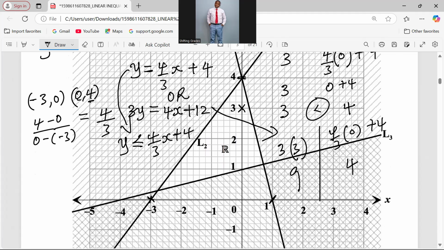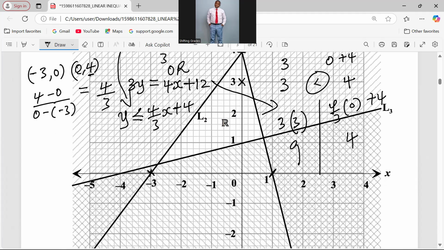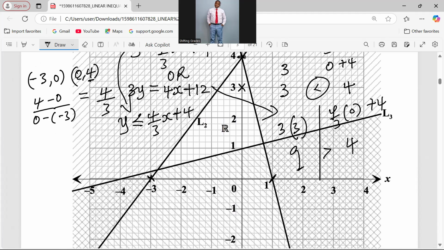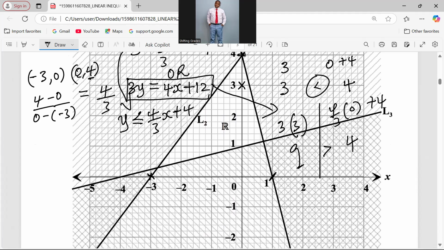Now, how is 9 related to 4? You see, 9 is going to be greater than 4. And now that 9 is greater than 4, then when the inequality changes to this, it is now going to be otherwise.